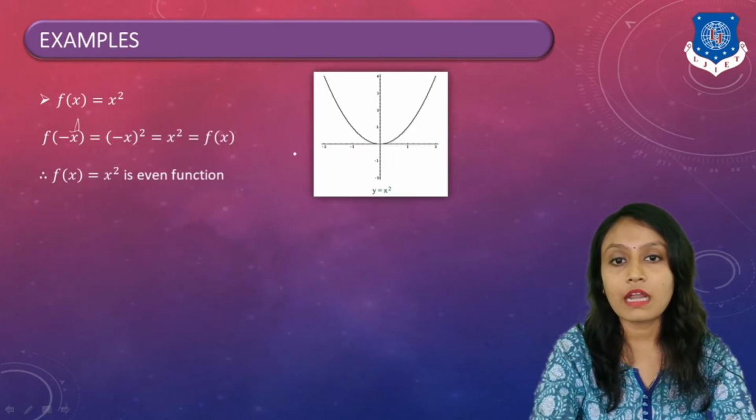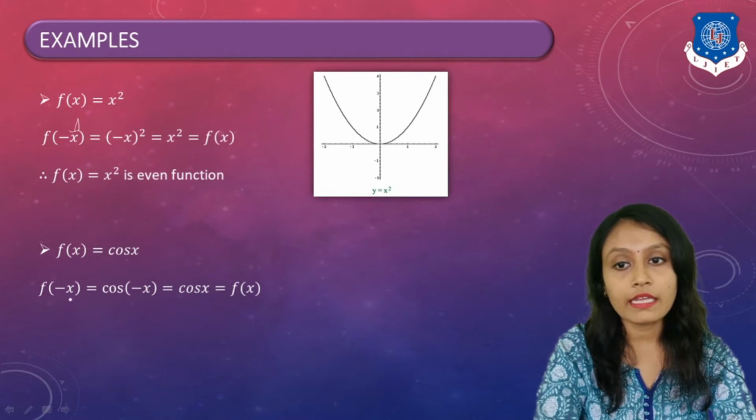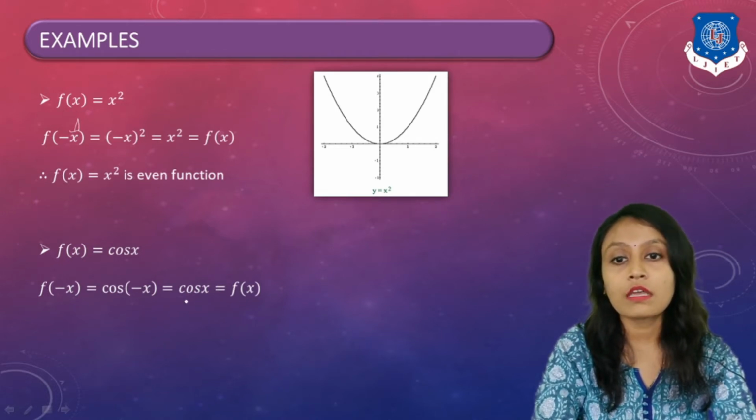Next, see the graph of the function f(x) equal to x square. Here you can see this is a parabola and also it is symmetric about y-axis. So an even function is always symmetric about y-axis. Let's see one more example, f(x) is equal to cos x. Again f(-x), that is cos(-x), which is cos x.